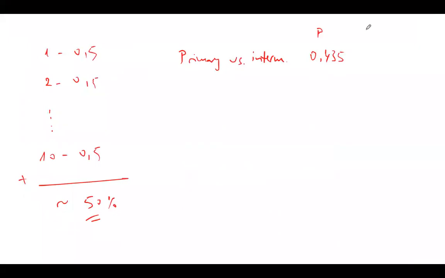Because the Bonferroni correction multiplies this with the number of tests, 10, which gives more than 1 actually, but the maximum can be 1. So we report it as 1. Did you understand the Bonferroni correction?